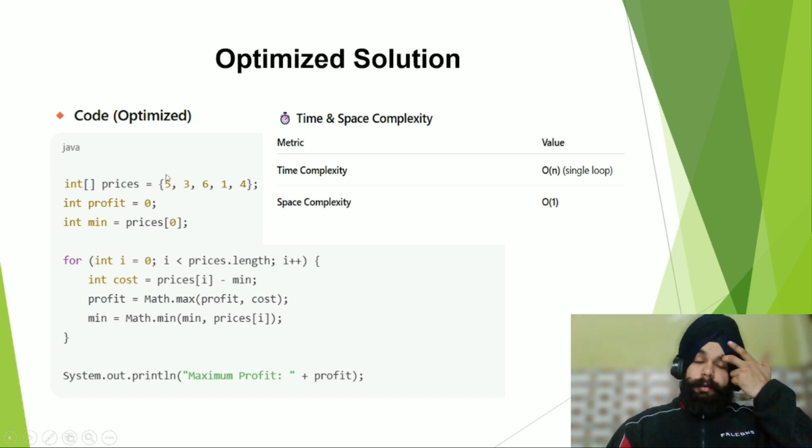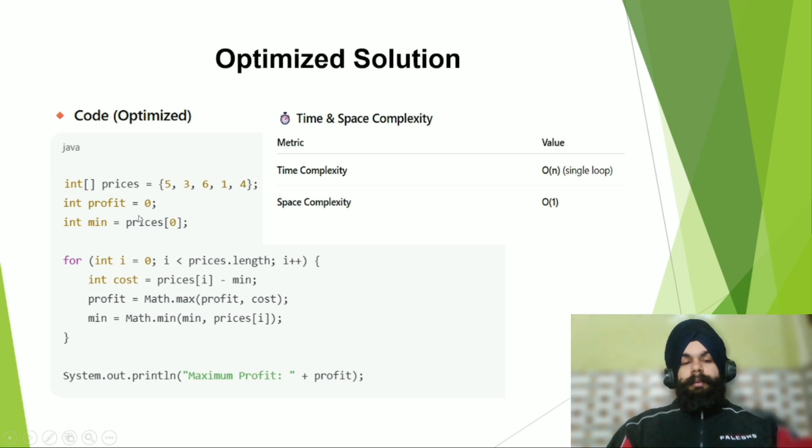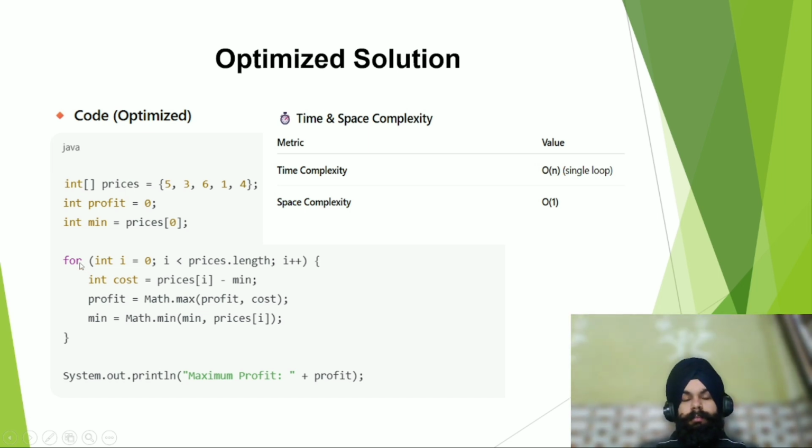We are assuming the very first index as the minimum price, and we have one for loop, which goes to the last index of the prices array, and the ith element of prices minus minimum is our cost, and our profit will be the maximum of profit and cost, and the minimum element will be the minimum of min and prices of i. And let's see how this is working internally. Let's go to the debugging portion.